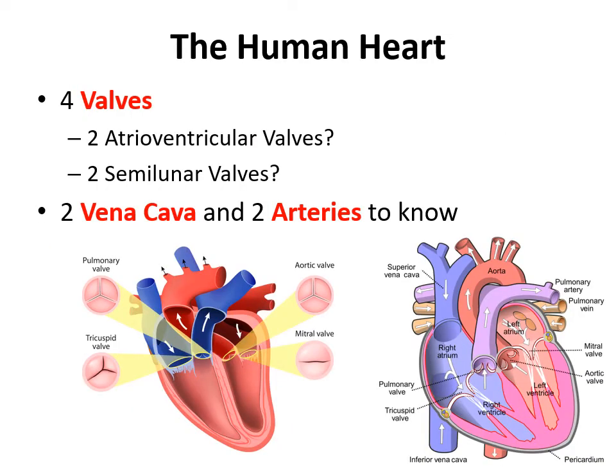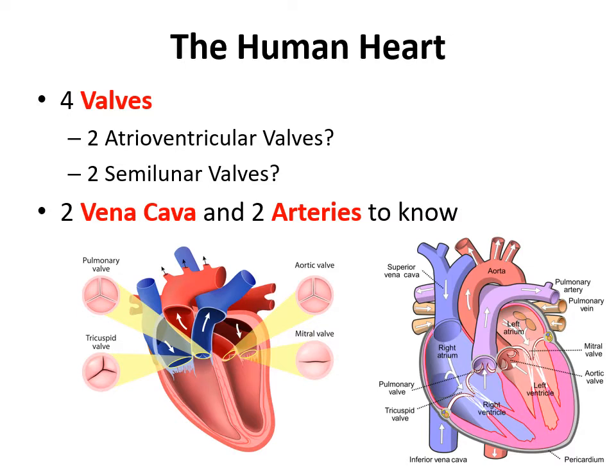Now, in addition to all those structures, there are also valves, vena cava, that I want you to know, okay? So when you think of the four valves of the heart, basically you will have a valve that will direct movement of blood and prevent blood from moving backwards where it came from. So you'll always have a valve between chambers and where blood is leaving a location, okay?